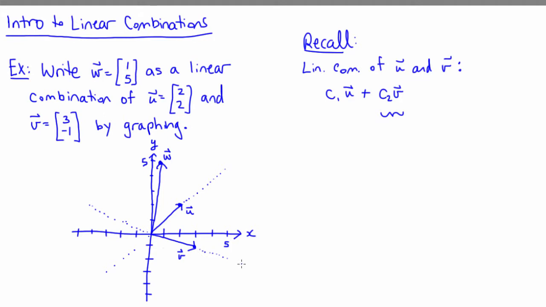Now our goal is to find two vectors, one parallel to u, the other one parallel to v, which add up to the vector w. So let's take a look at our sketch.